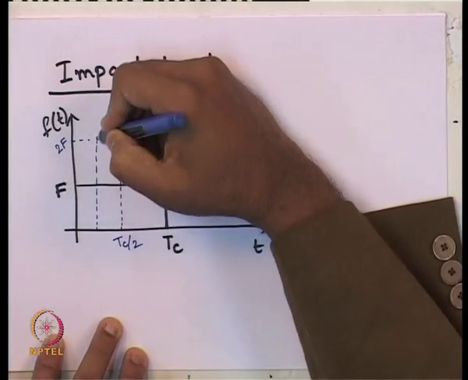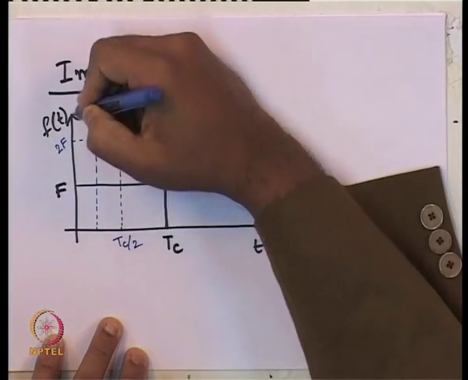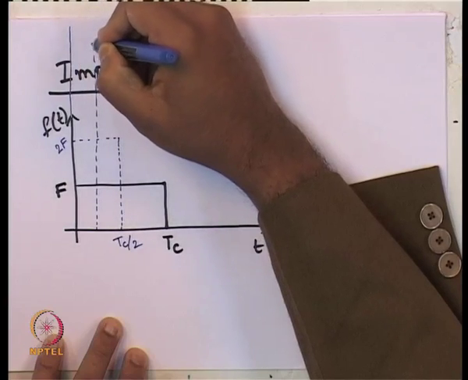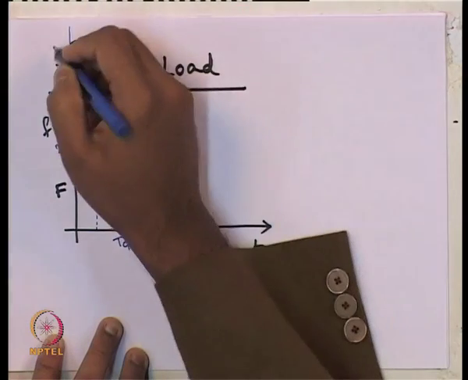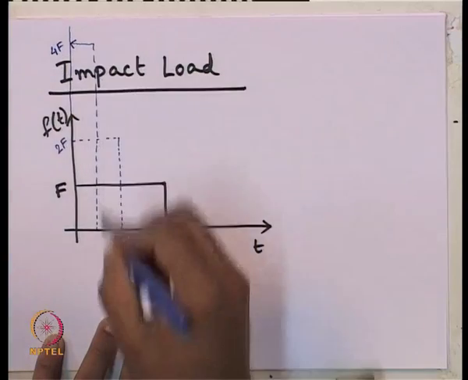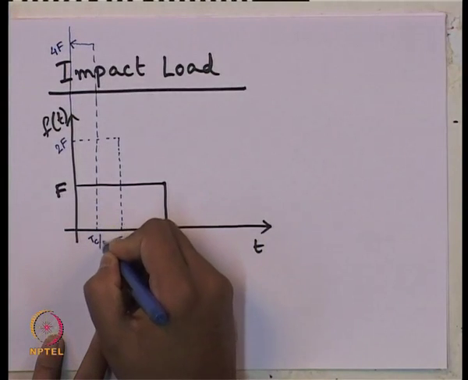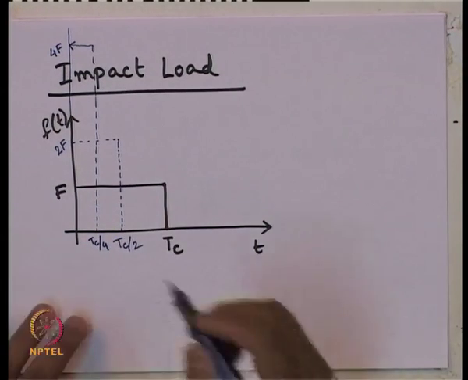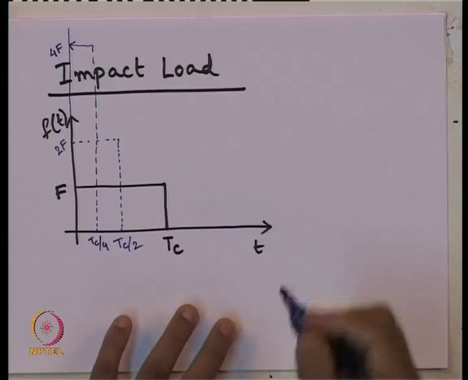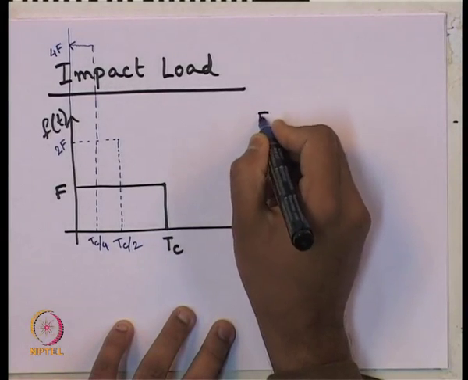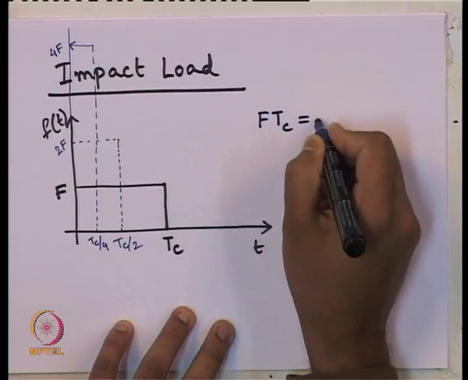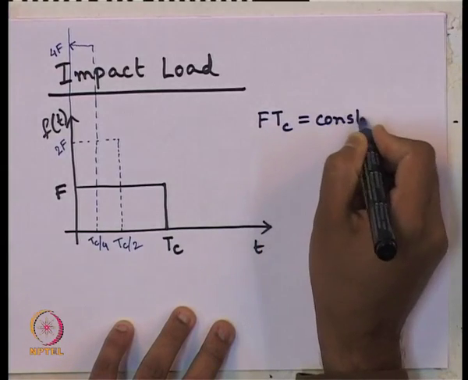Let me go further. This is 4 f, this is T c by 4. So, in other words, what I am doing, f into T c is constant I am maintaining.